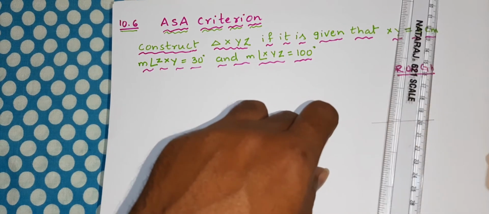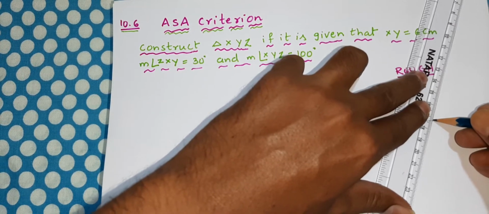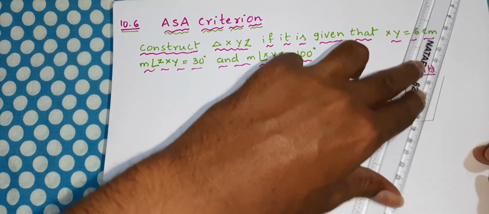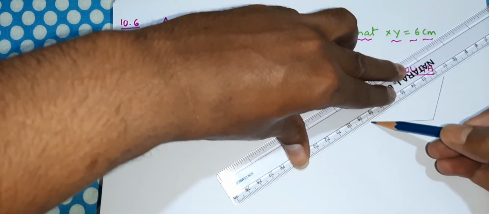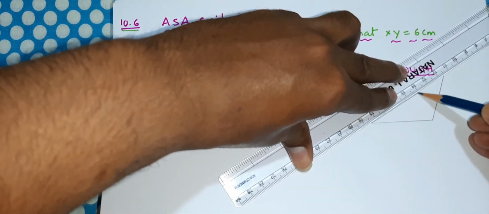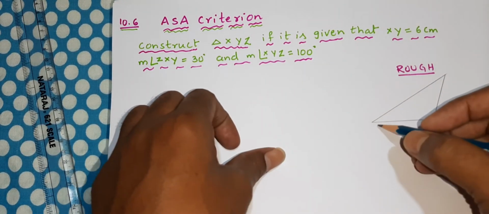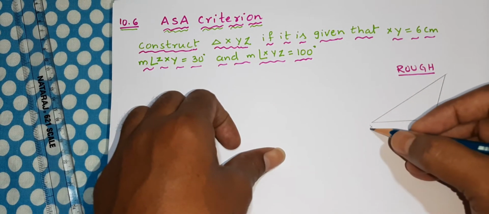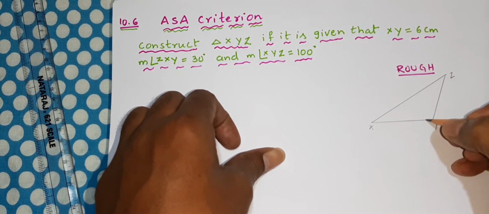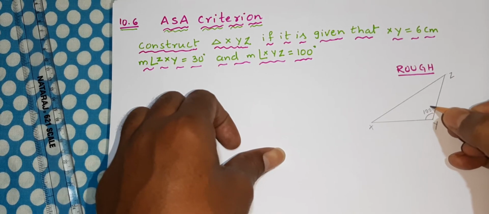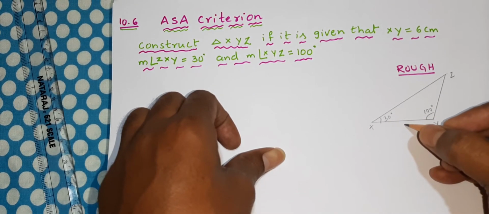The angle 100 is an obtuse angle, more than 90 degrees, and angle 30 is an acute angle. When you are constructing a rough diagram, you will get an idea how we are going to construct the real diagram. This is X, this is Y, this is Z. At Y it will be 100 degrees, at X it is 30 degrees, and XY is 6 centimeter.